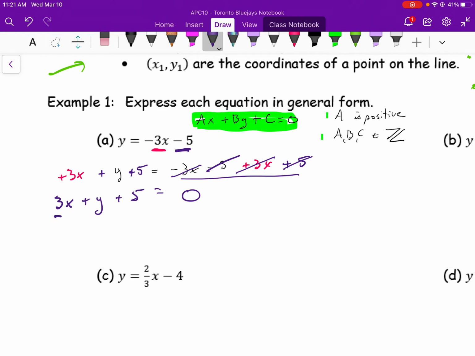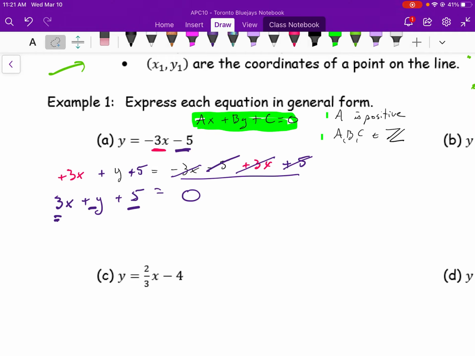I have a, b, c are all integer values, and the additional requirement that a is positive is also met, because here a is 3, the coefficient in front of the x.